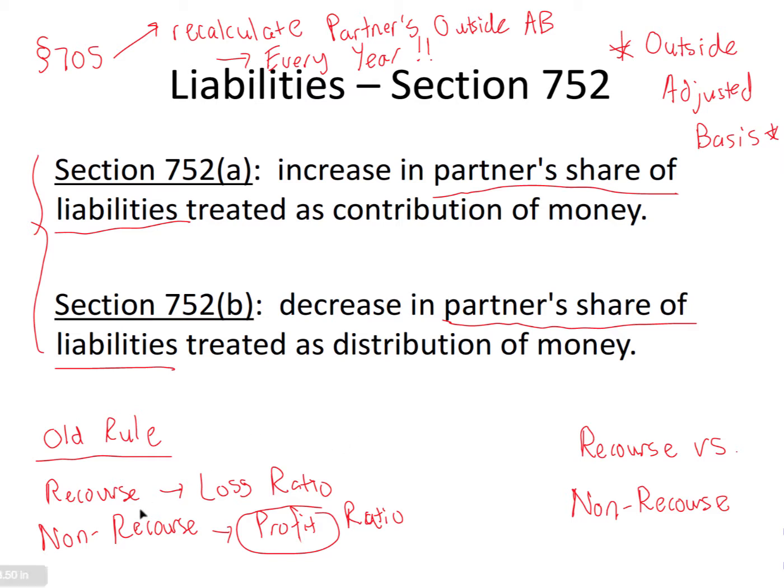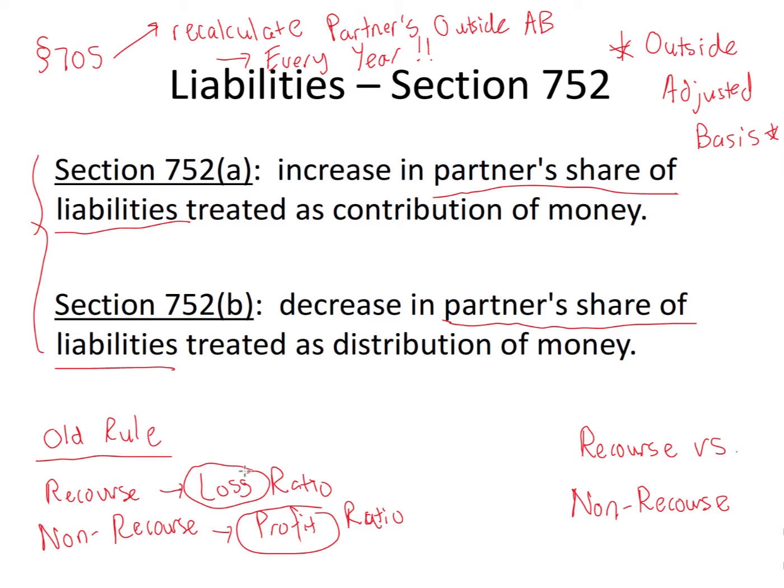For recourse liabilities, the reason we use the loss ratio is because of that same example. When the property went down in value from $100,000 to $40,000, if it was a recourse liability, guess who has to bear the risk? The partners. It's upon the loss that the creditor can go after the actual partners.